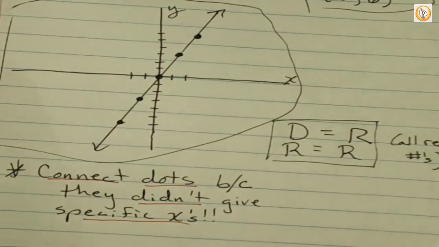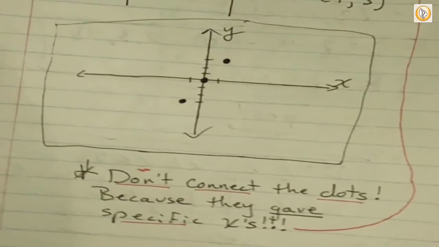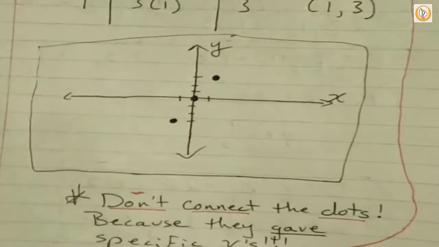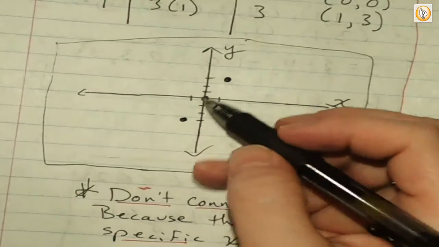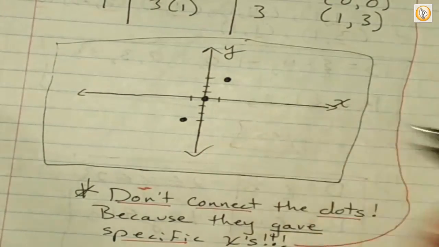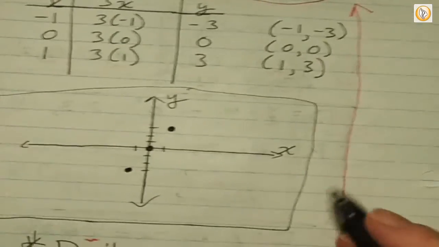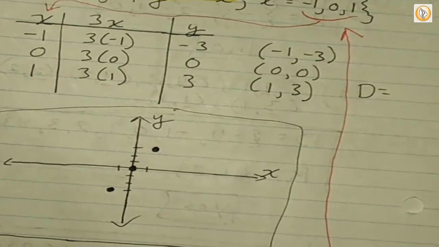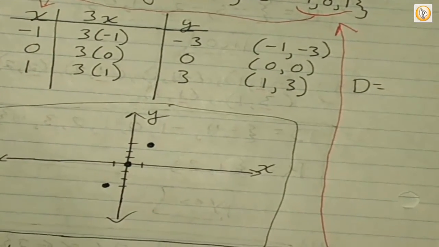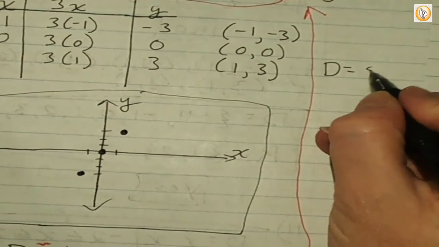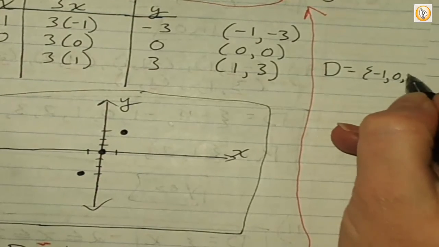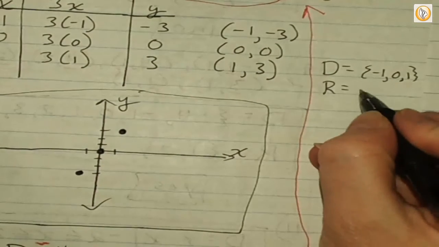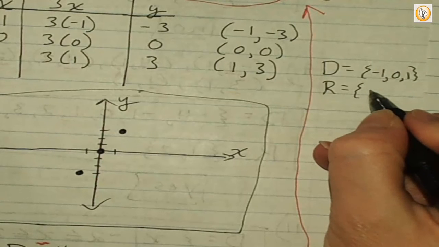Where this one, look back at 13. They gave us specific x's, right? So if they were to say, what's the domain here? What would the domain here be? -1, 0, and 1. Yep. What would the range be? Gabby?